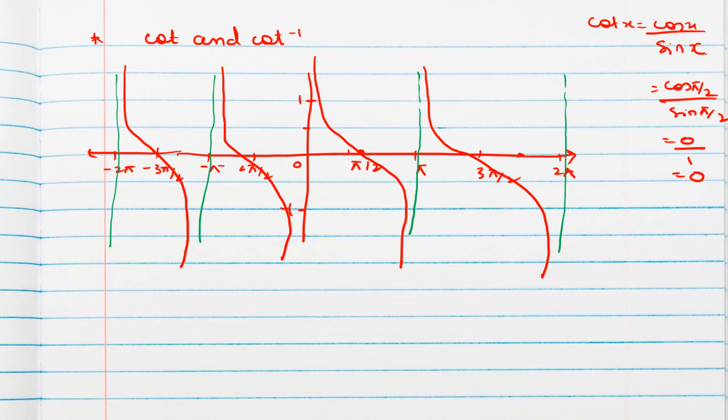And similarly, if we do the horizontal test again, we will be getting many such points which are related to one single y. Okay, that means for finding inverse, interchanging of domain and codomain is not possible until and unless we restrict it. So we will restrict from this area, okay, 0 to pi.